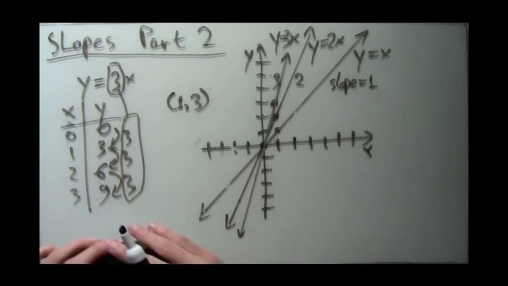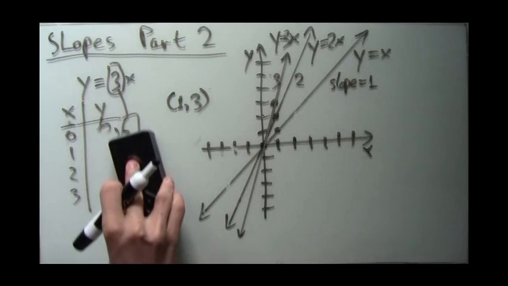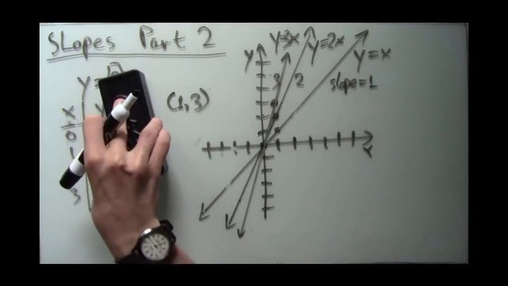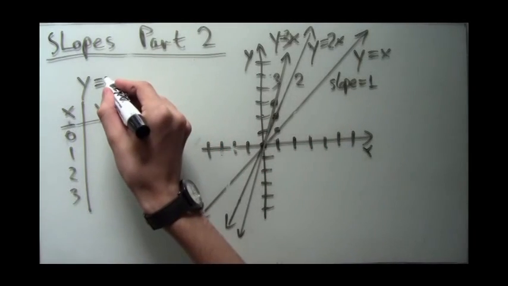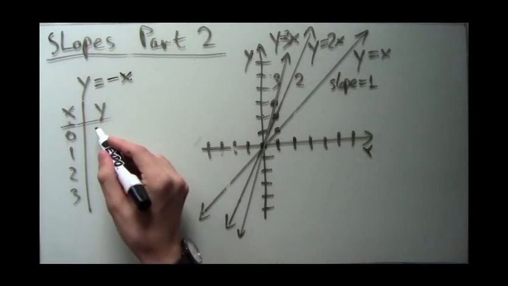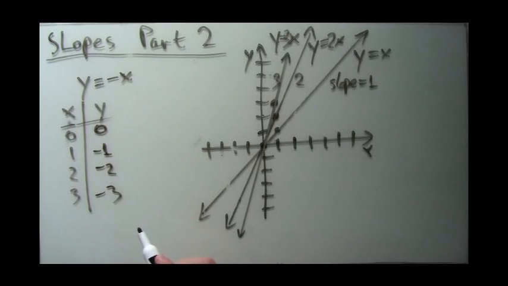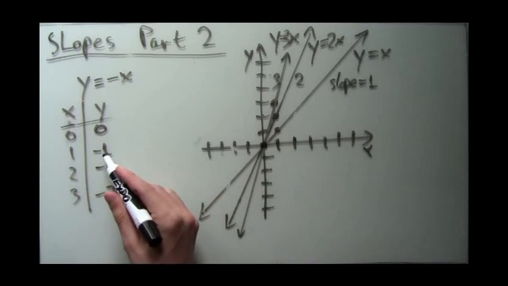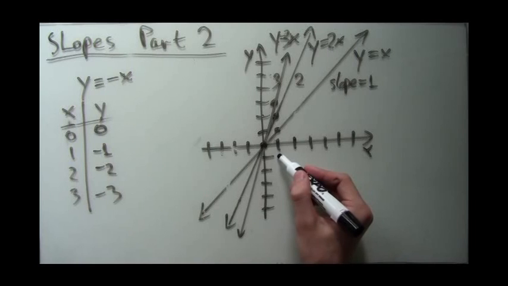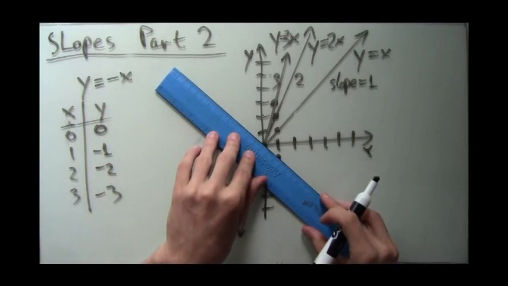And now we're going to move on to functions with negative slope, starting with y equals negative x. Of course, if x equals 0, then y also equals 0, and the rest of the table is really easy to fill out just by putting a negative sign on. 0, 0 has already been drawn, and 1, negative 1 has now also been added, 1 to the right and 1 below the origin.